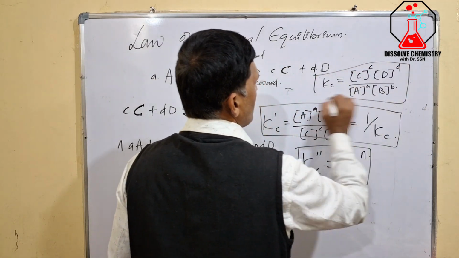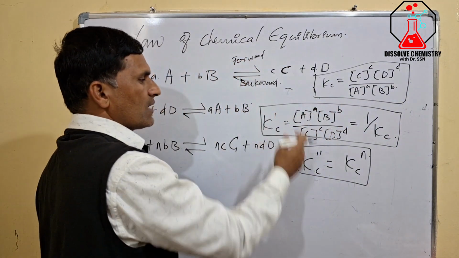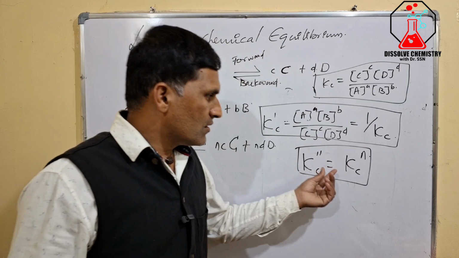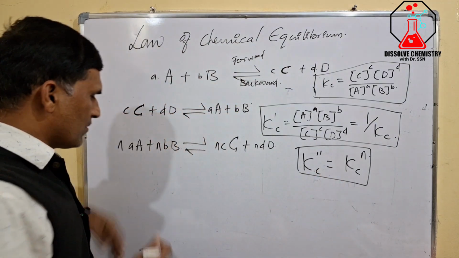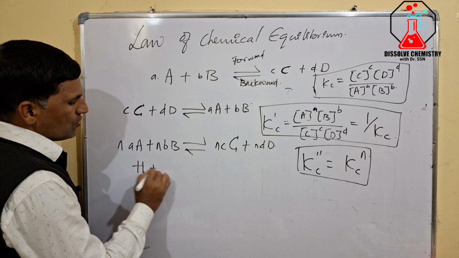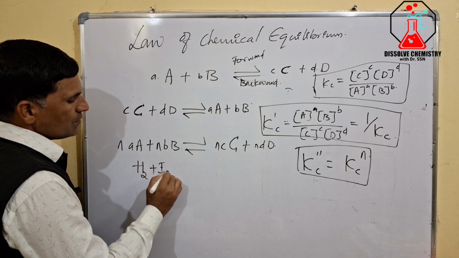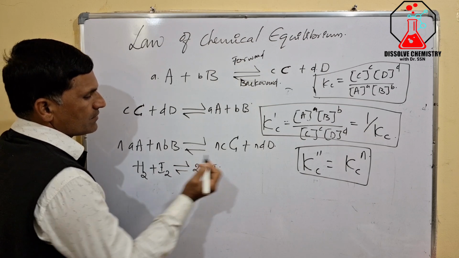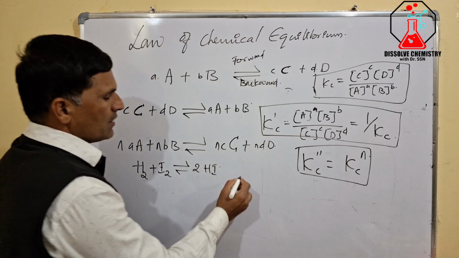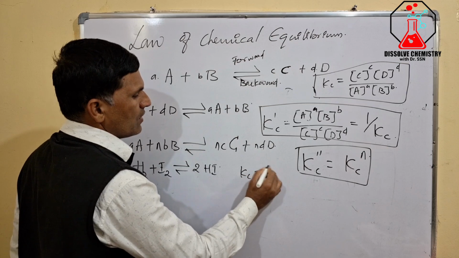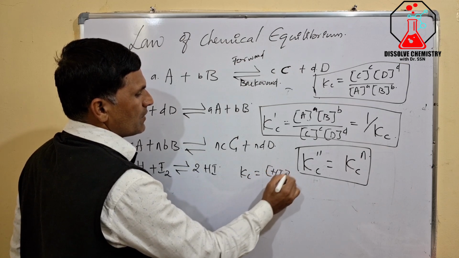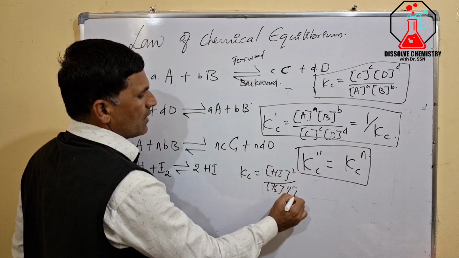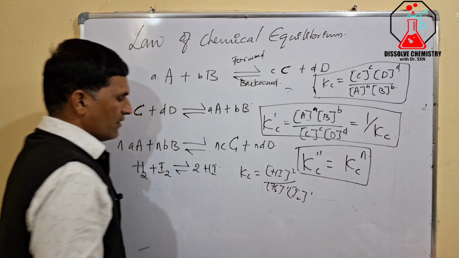So this is for the forward reaction. This is for the reverse reaction. And this is if we multiply with the stoichiometric coefficient. So this I will illustrate with one example. You take, for example, H2 plus I2 to give 2HI. Then the equilibrium constant Kc will be given as [HI]^2 divided by [H2]^1 [I2]^1.